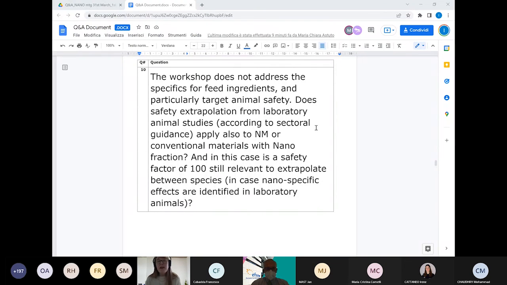But yes, the uncertainty factor, you call it safety factor, of 100 is relevant also for the risk assessment of nanomaterials. I also would like to stress that nowadays we are going more for calculation of the benchmark dose for extrapolation to the health-based guidance value for consumers. Maybe Jose would like to add to this, please.